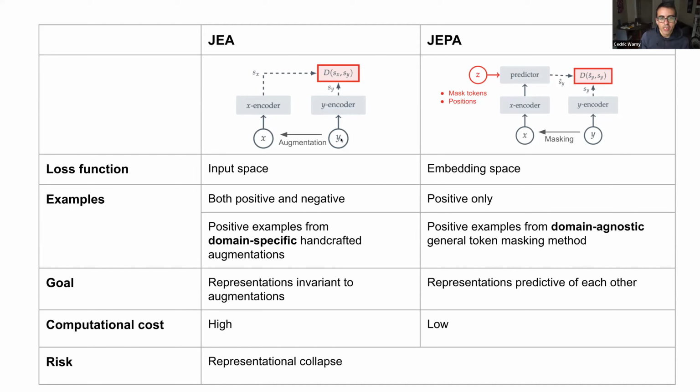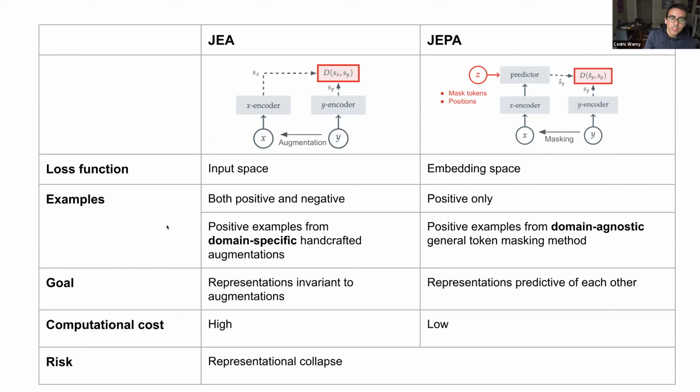I just added here that the way you obtain X from Y is through some kind of handcrafted data augmentation, whereas here it's through some kind of masking. Again, Z here corresponds to mask tokens and positional encodings. But otherwise it's the same diagram. Again, for the loss function, we operate in input space or pixel space for joint embedding architectures, and in embedding space for joint embedding predictive architectures.